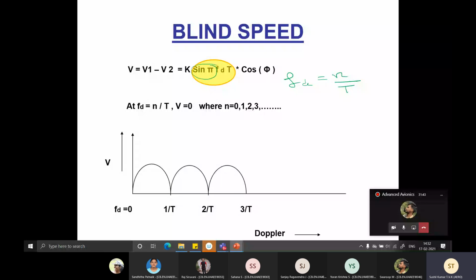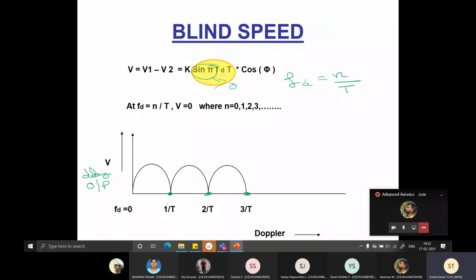Okay, sine pi is 0, so the output becomes 0. So this is the delay line output or canceller output, you'll get this sort of response. At particular Doppler velocities, though it's a moving target, the MTI will give 0 response.